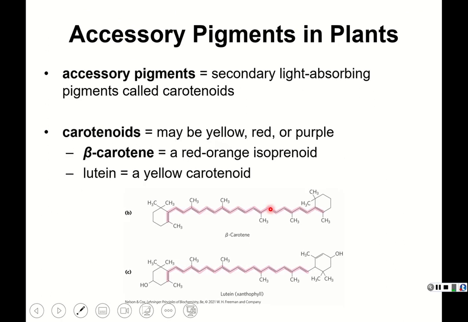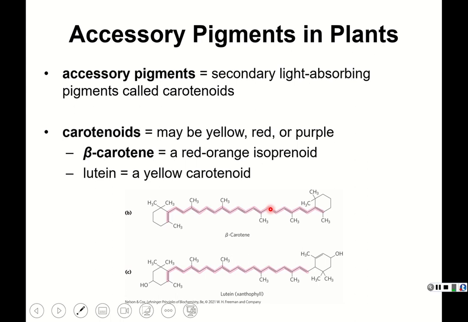There are also some other what are called accessory pigments in plants. That makes sense, right? If you just have chlorophyll A and B, they absorb light at two very specific wavelengths.